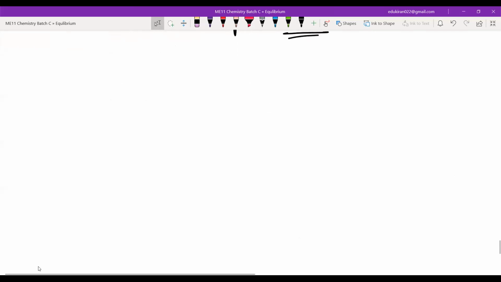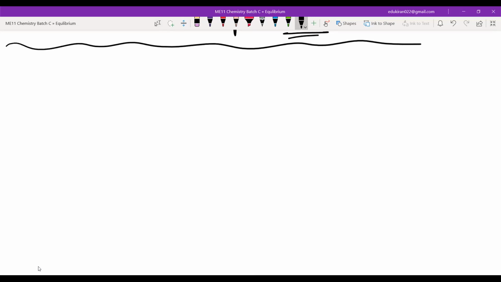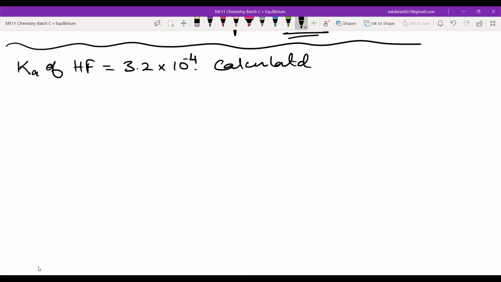In this question, you have been given the ionization constant of HF, that is the Ka of HF. It is equal to 3.2 into 10 to the power minus 4. You have to calculate the degree of dissociation.